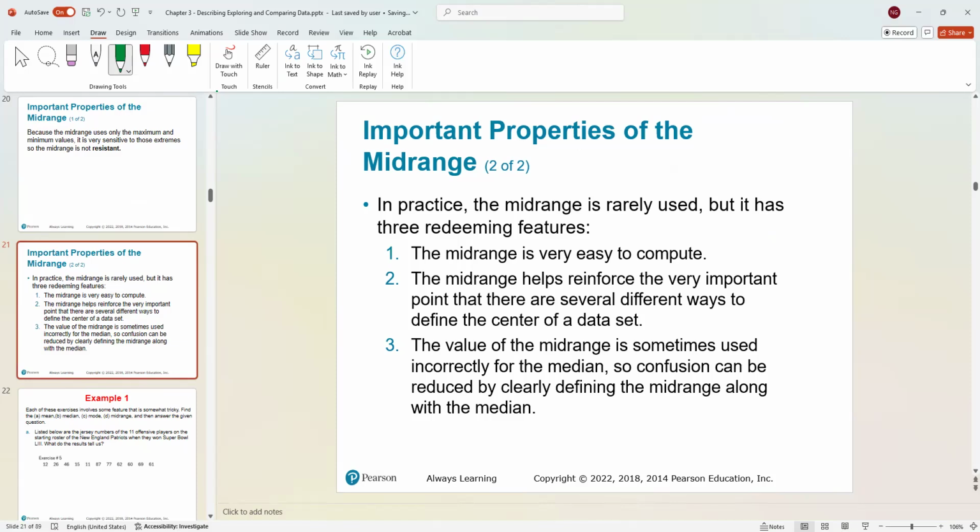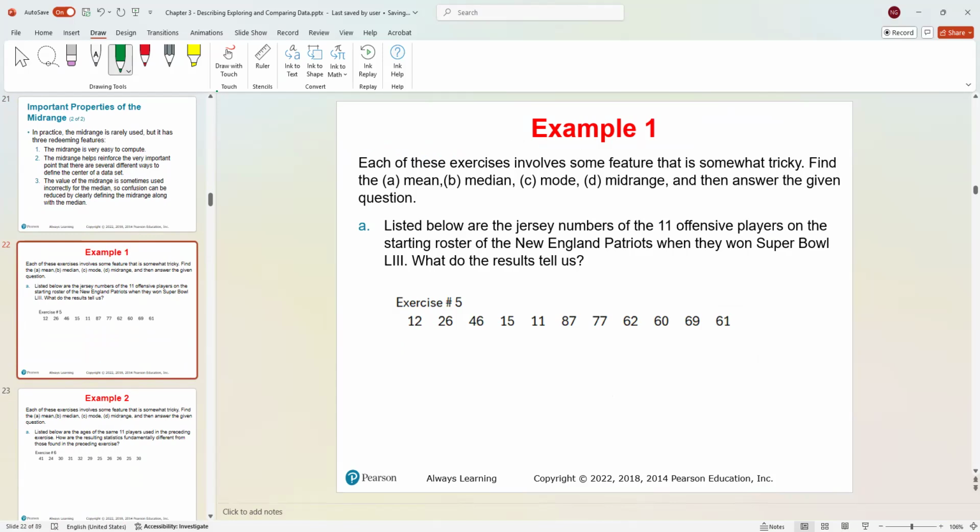So confusion can be reduced by clearly defining the mid-range along with the median. So remember, mid-range and median are two different things, because for the median there is no computation. The only thing you do for the median is to reorder the data from the smallest to the largest and pick the middle.